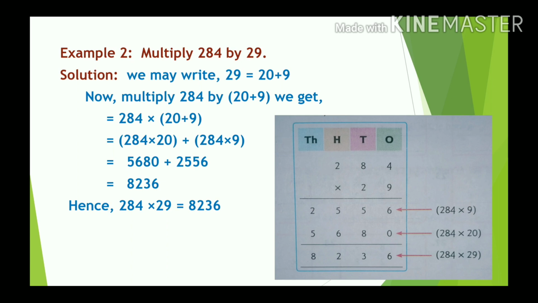Now again we have to multiply 284 by 2 tens, which is 20. So we get 5680. Now after adding we get 8236, which is the final answer of the multiplication 284 by 29.